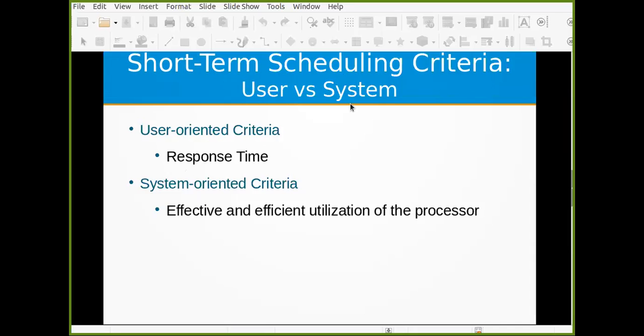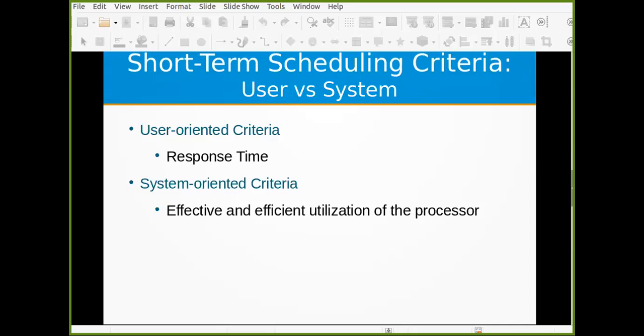The scheduling strategies are already decided by the operating system, but the designer of the operating system needs to keep in mind that whoever is going to use the system where this OS is installed, the user requirement is less response time. It should be quick. Another possible criteria is system oriented, the system's perspective.